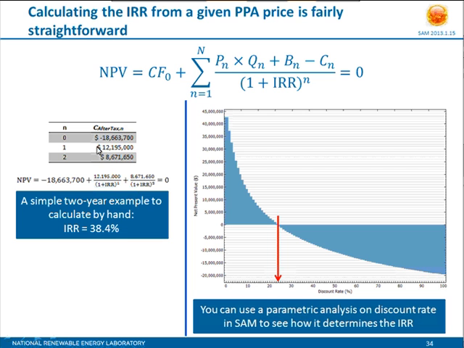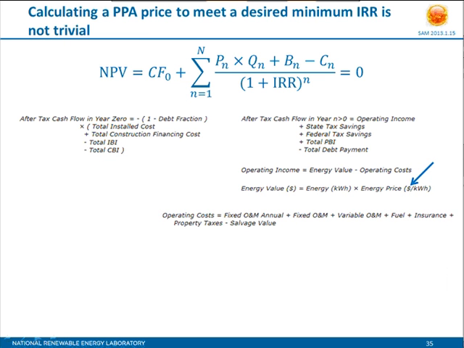And I even showed you how you can do it by hand for a very simple two-year project, just to help you understand the process. Calculating the PPA price to meet the IRR target is more complicated. The PPA price is buried deep in this cash flow equation.